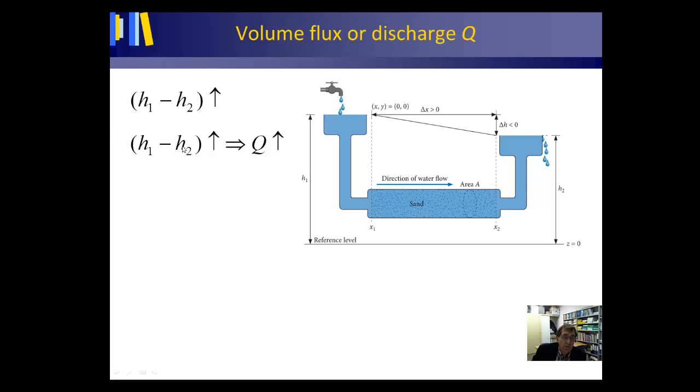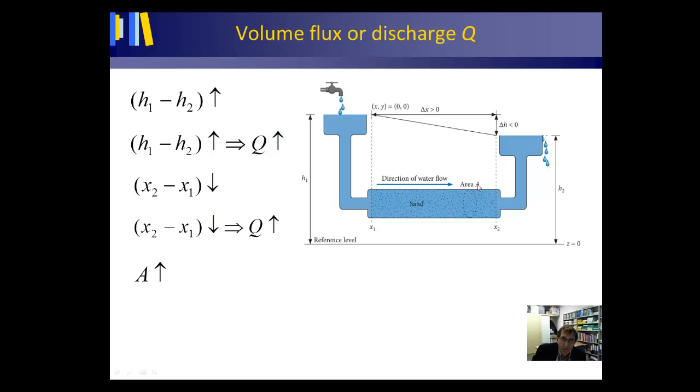So H1 minus H2, when that becomes larger, Q will become larger. What will happen when the distance x2 minus x1 diminishes? Well, of course, the porous medium which is resisting the water flow gets smaller, and it's easier for water to pass through, and your discharge would increase.